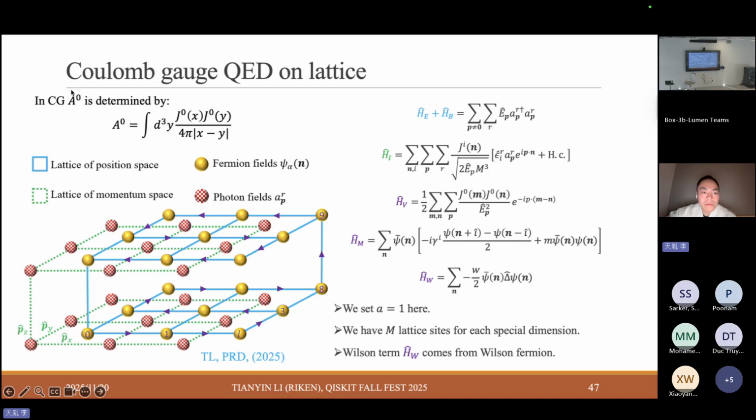Yeah, we choose the Coulomb gauge, and as a first attempt, we discuss the Coulomb gauge quantum electric dynamics on the lattice.